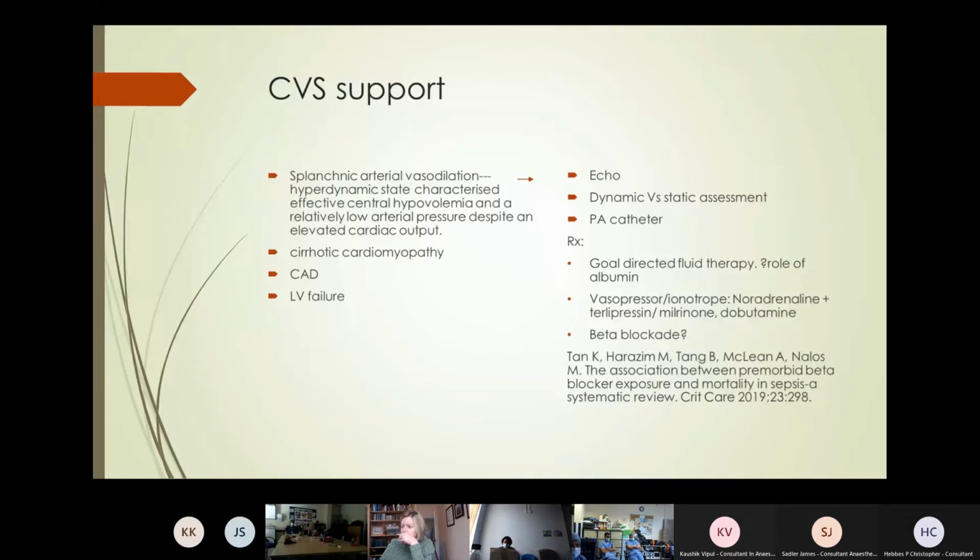What are the tests you want to do for this patient? Any patients who come in with cirrhosis, you need to do an echo. Try and get the baseline function. You want to consider things, usually volume status. So they will come hypovolemic due to various reasons.